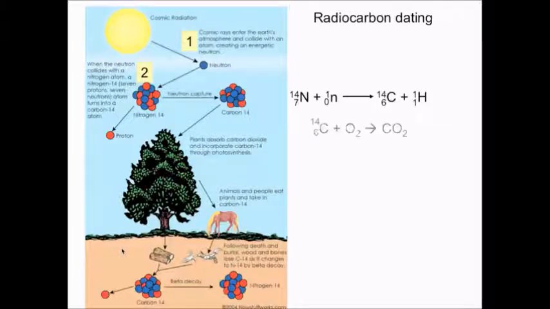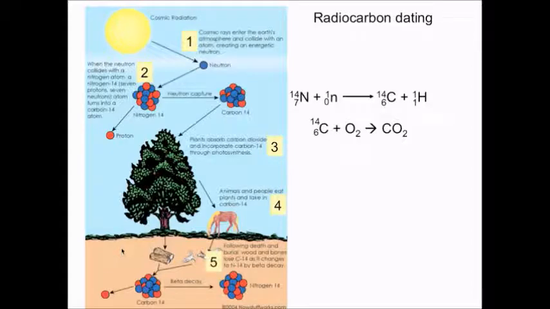Now the plants absorb carbon-14 combined with oxygen to give them radioactive carbon dioxide. And that carbon dioxide will be used to make sugars. So plants have a particular amount of carbon-14 in them all the time. The ratio between carbon-14 and stable carbon-12 pretty much stays the same as long as the plant is alive.